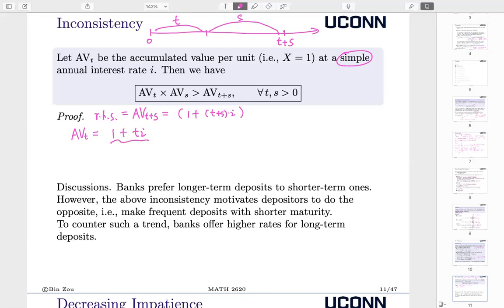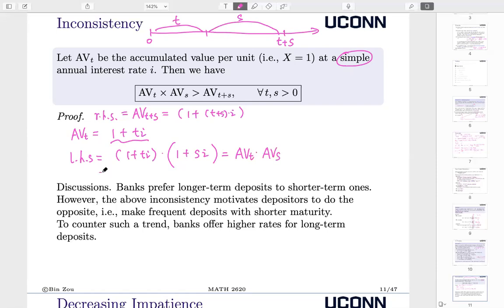I put this amount into the same account with the same interest rate. So this is my new X, okay? Now, the second deposit is only for S years. So this is how I calculate the accumulated value by the end of time S. So, obviously, this is AVT times AVS.